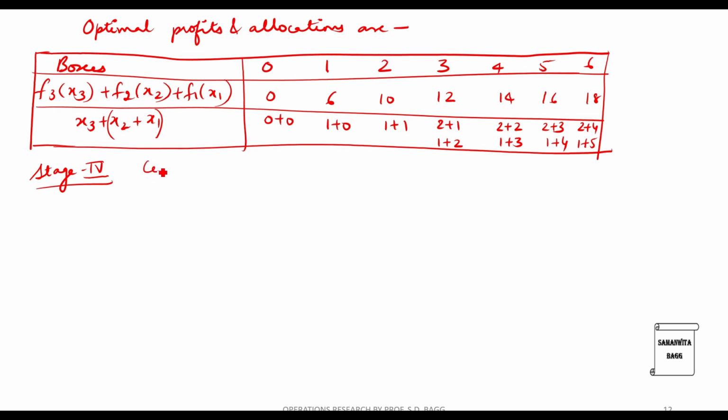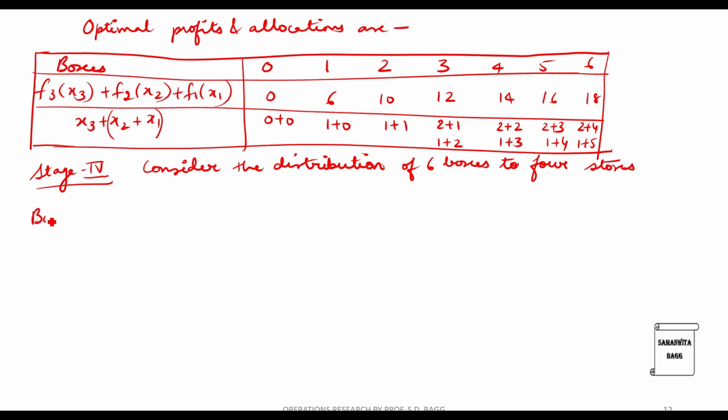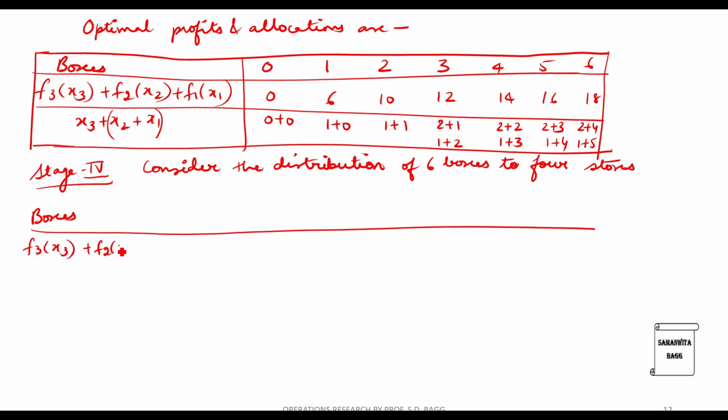where I'll consider the distribution of 6 boxes to 4 stores. So I'll write down boxes. Then I'll write down F3x3 plus F2x2 plus F1x1.